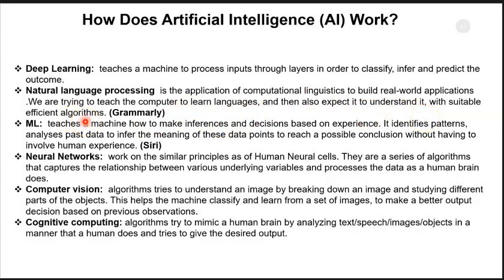The best example of natural language processing is Grammarly. Machine learning teaches the machine how to make inferences and decisions based on data without having to involve any human experience. A common application of machine learning is Siri.